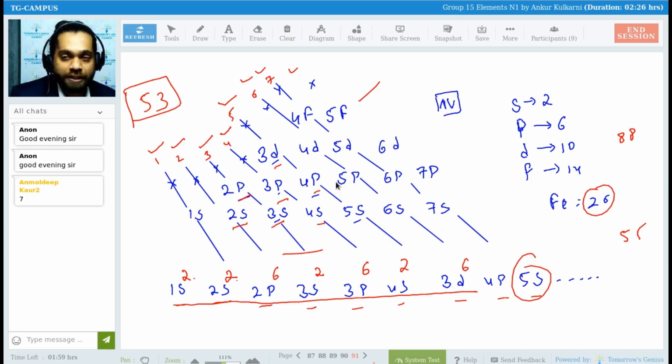Anthony and Anmoldeep, you are making some mistake. Please count the total electrons, Sarjana, and tell me the last electron also. How many electrons entered the p subshell?